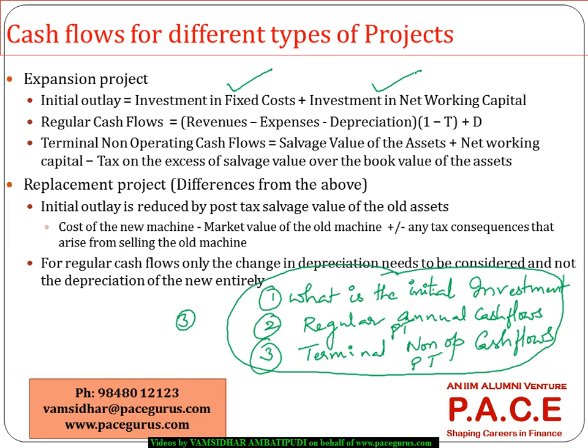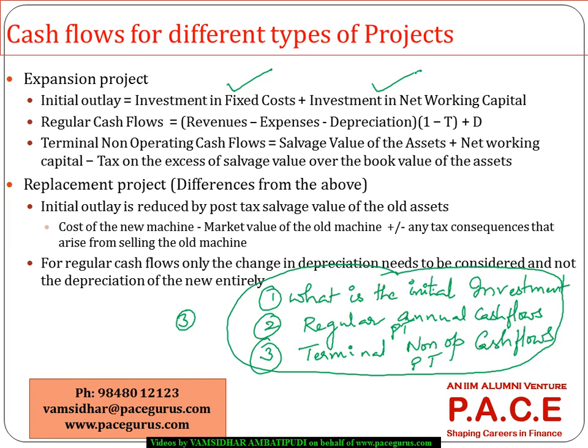The investment in net working capital is the change in the non-cash current assets minus the change in the non-debt current liabilities. Whatever is the change in current assets minus the change in current liabilities, which does not include short-term debts, is what we call net working capital investment.